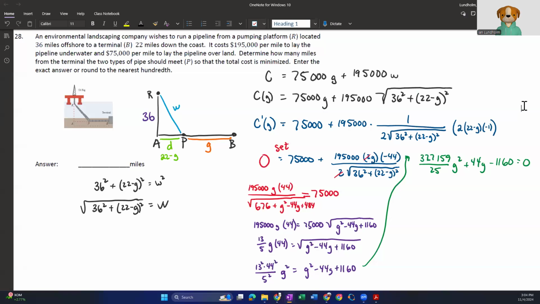But that's pretty gross. Let's go ahead and throw that into the quadratic formula. That's what we need to do.